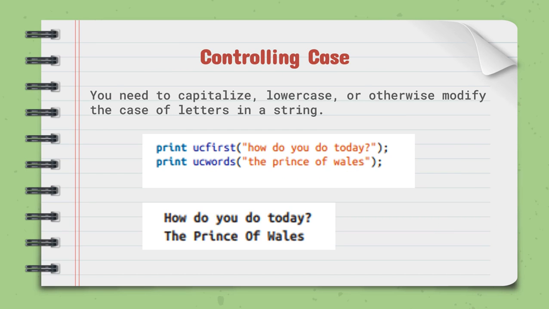Okay. Next we have controlling case. You want to capitalize and lowercase, so we convert it using those functionalities. For those we also have built-in functions. It's a piece of cake. Okay.